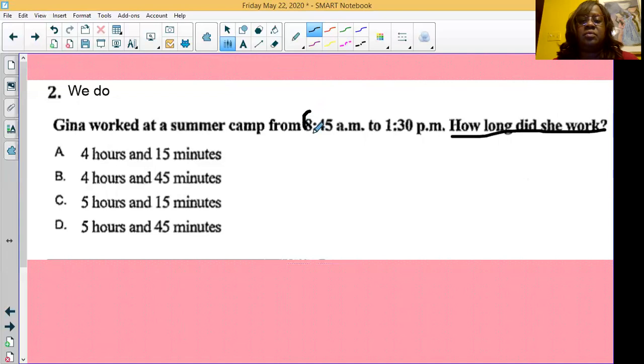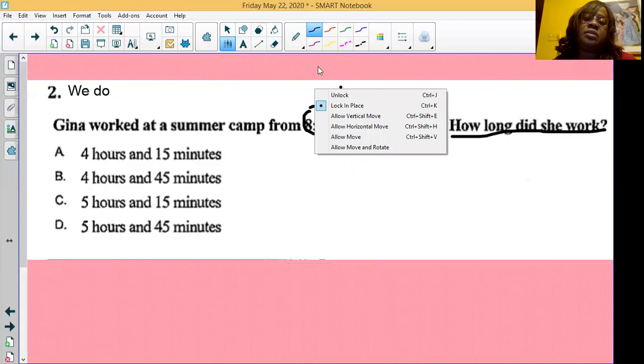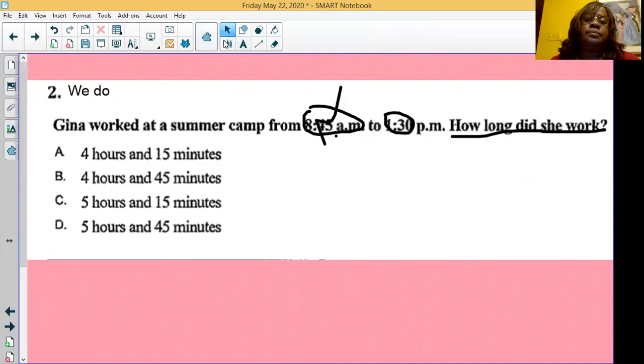We know she worked from 8:45 to 1:30. Okay, so is 8:45 our start time or our end time? That's what you need to determine. All right, you're right. So 8:45 is your start time. So please write start over 8:45.